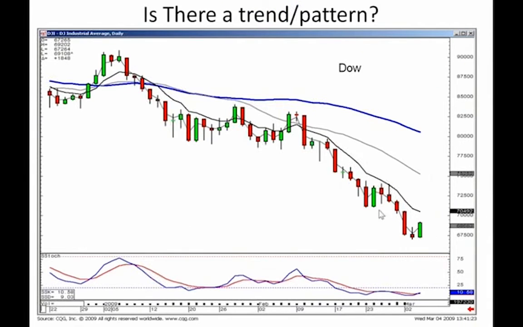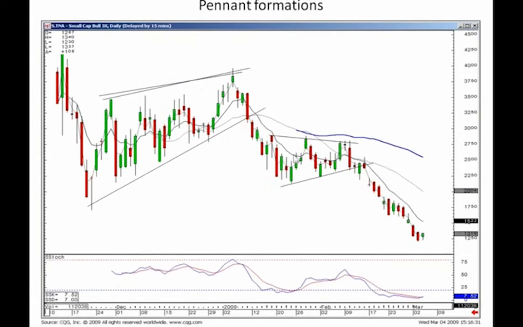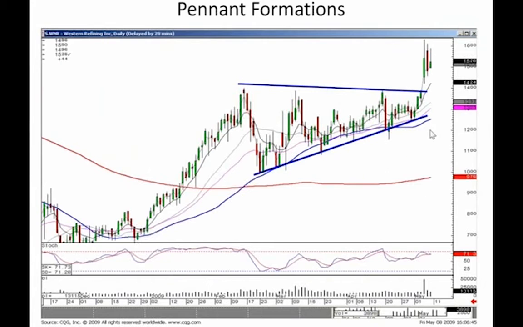So if we can see that there's a trend, at least we know that's the direction we should be investing. We also know there's different patterns, like a wave 1, wave 2, wave 3, or pennant formations, where we can still see what type of signal occurred at the top of the pennant and what type of action we were getting at the bottom of the pennant formation.